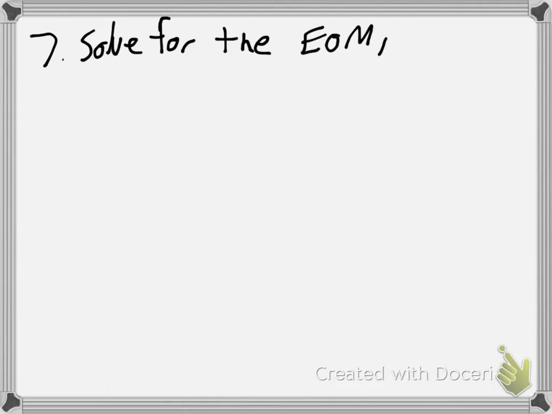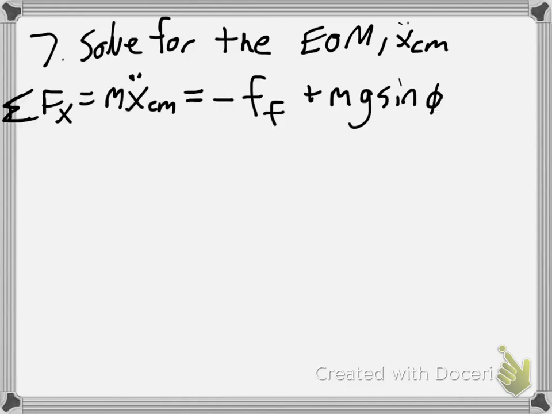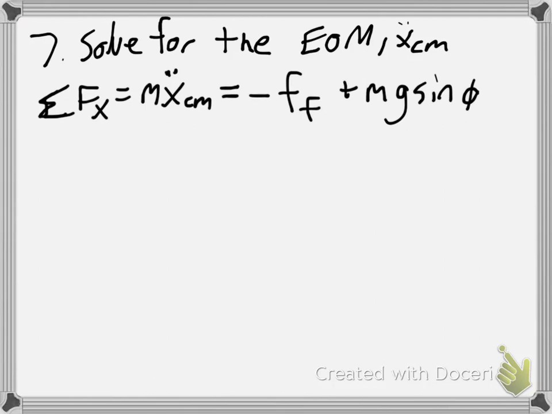So this is step 7. Solve for the equation of motion, which in this case is x double dot of the center of mass. There's one of the equations I need, the sum of forces in x.